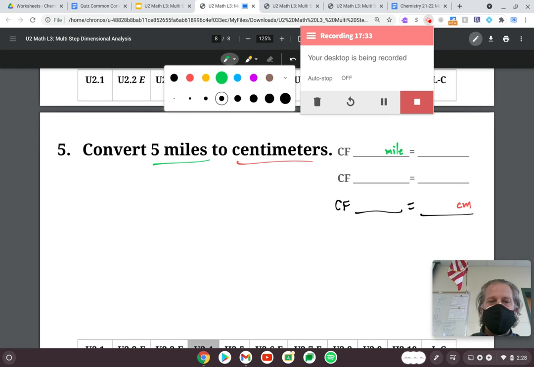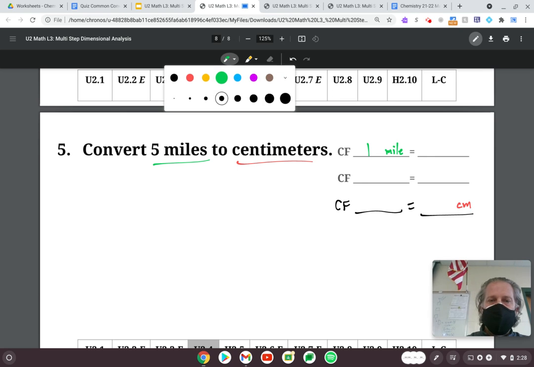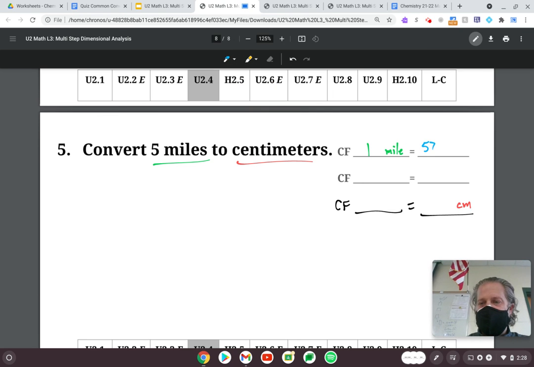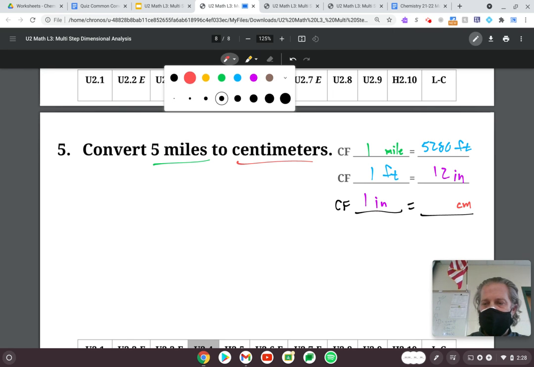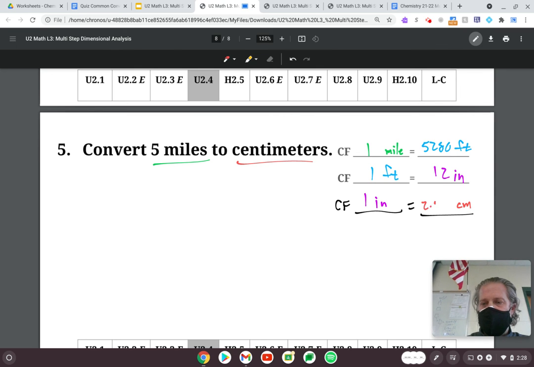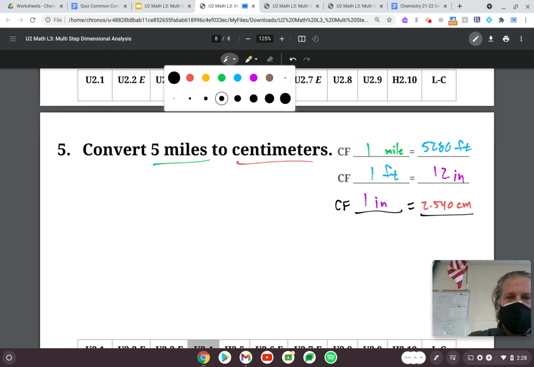But many of you decided that you were going to use 1 mile is equal to 5,280 feet, and 1 foot is equal to 12 inches, and 1 inch is equal to 2.540 centimeters.